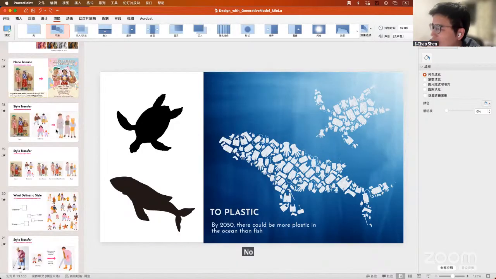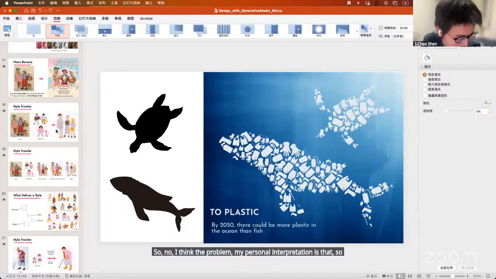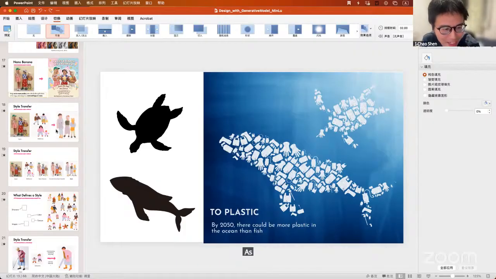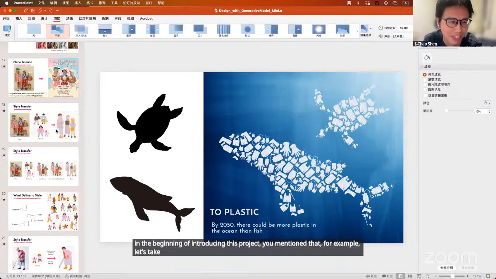No, my personal interpretation is that, as you mentioned in the beginning of introducing this project, let's take a look at what Gemini will do, right?